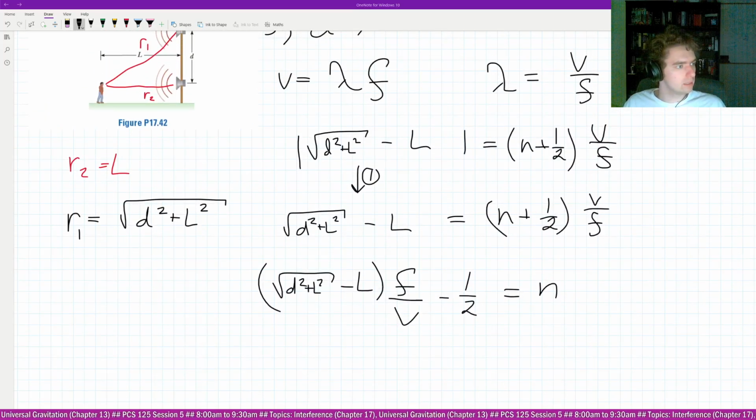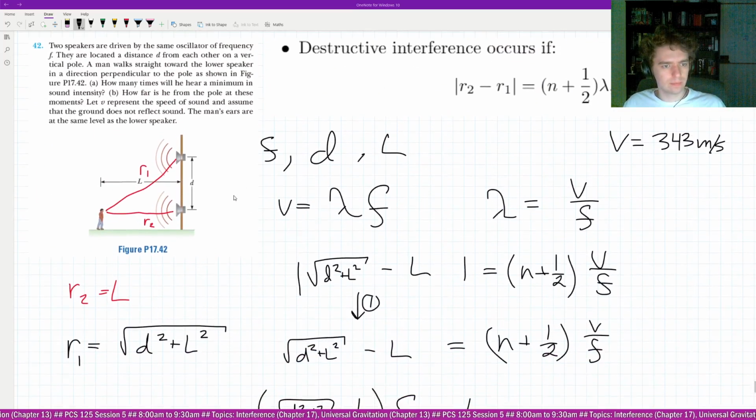So what's D? Oh, D is the same D that we have here. Trying to find this. Let n max be the number of times you overhear the minimum.